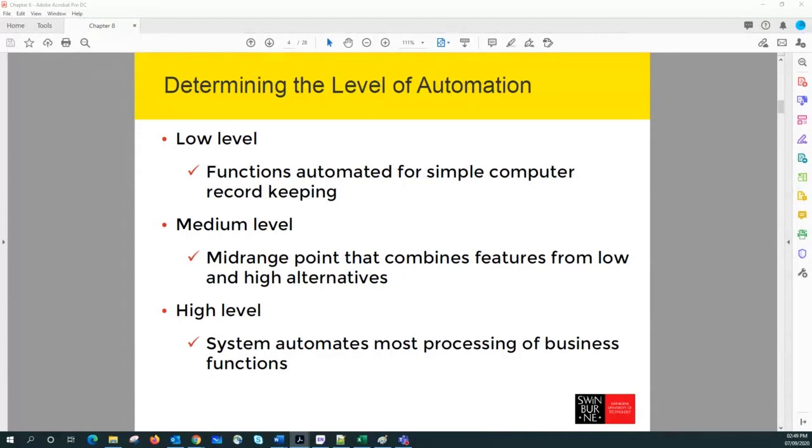For example, think of lower level automation for an order entry system or use case. We may have a data entry screen to enter the customer and order information, and the system date may be used as the order date rather than being entered by the employee.